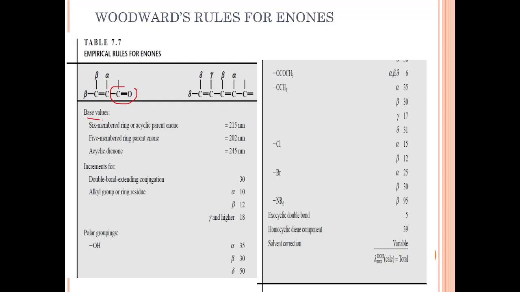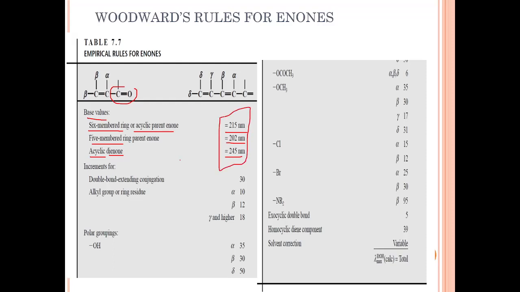So the base value for any enone system is again 250 nanometer if it is a 6-membered ring or cyclic parent enone. If we have a 5-membered ring, then the value is 202. Now for a cyclic dione, the basic value is 245. So these three values you must remember.